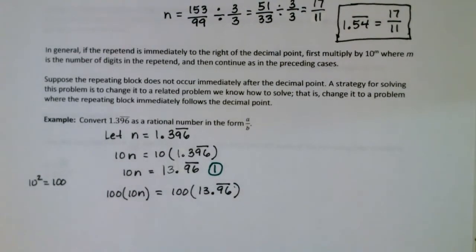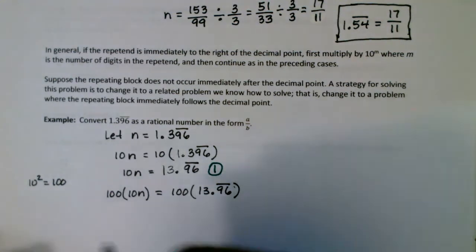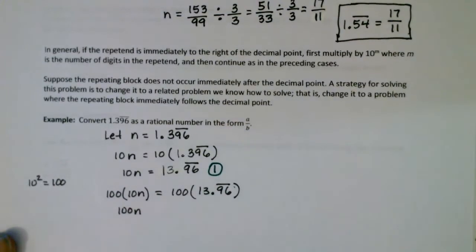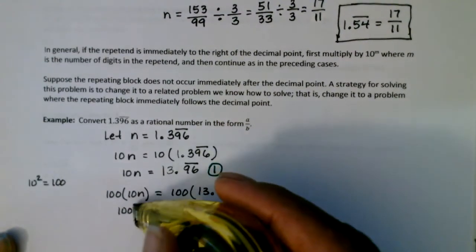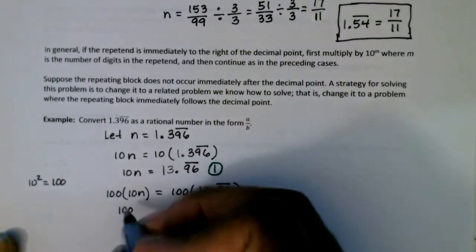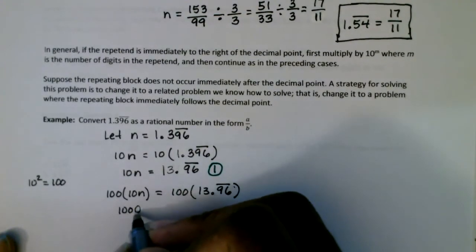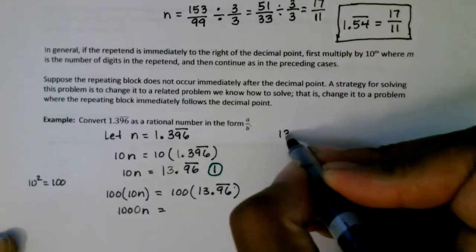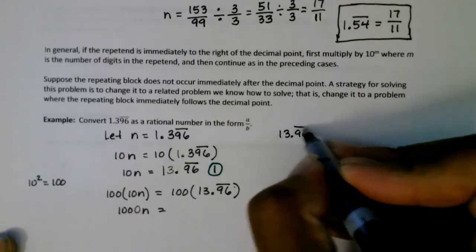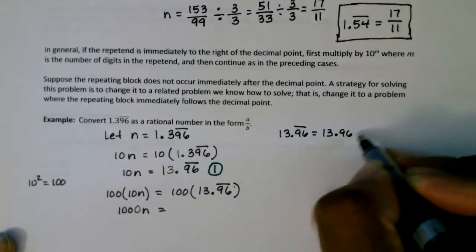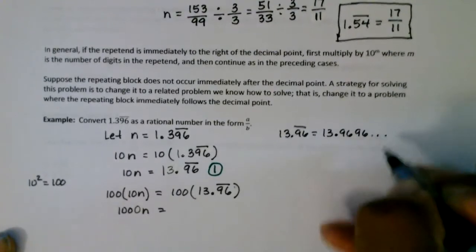All right. Now we simplify. 100 times 10n, that's 1,000n. That's equal to, now that 13.96, where the 9 and the 6 repeat, means 13.96, 96, and so on.